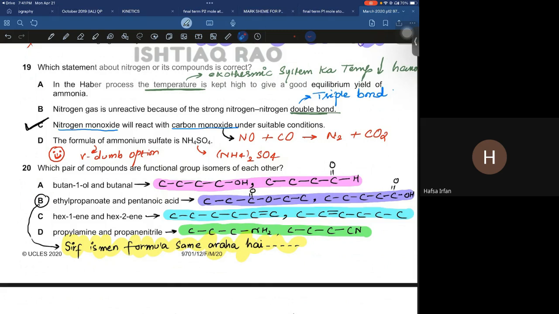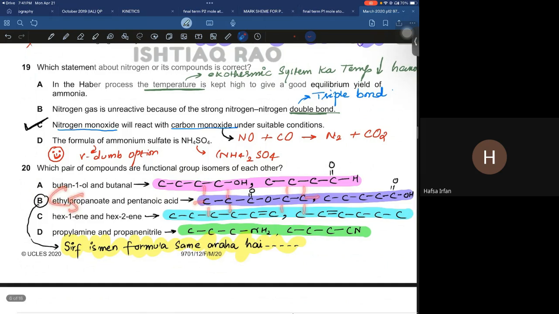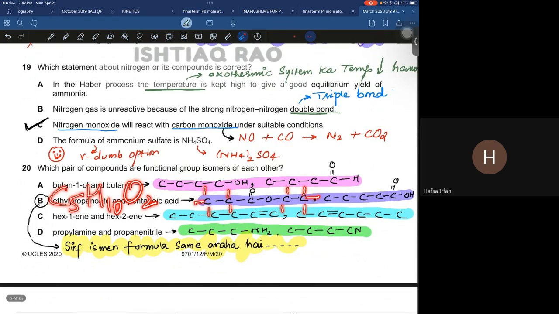Okay, so let's try option B. Ethyl propanoate is an ester, and this is pentanoic acid. So if you count, we have 5 carbons, 10 hydrogens and 2 oxygens: C5H10O2. Both are C5H10O2.